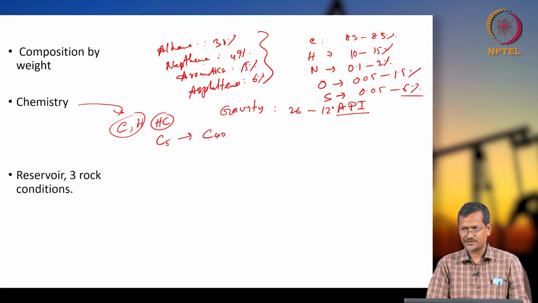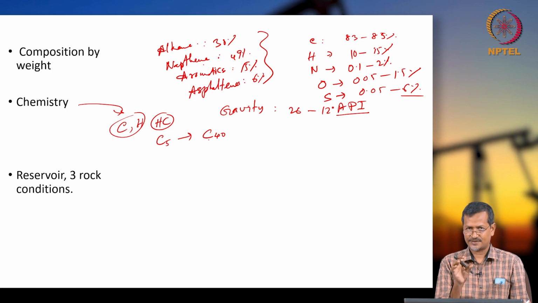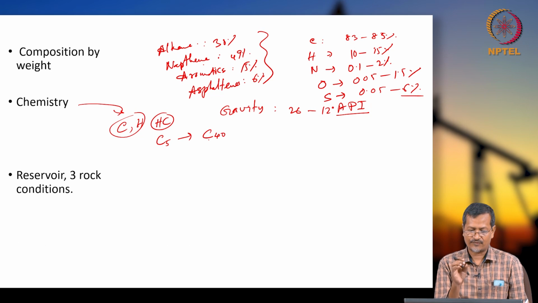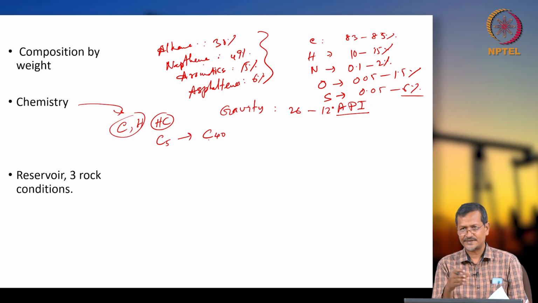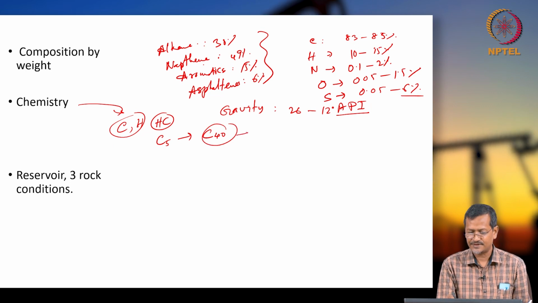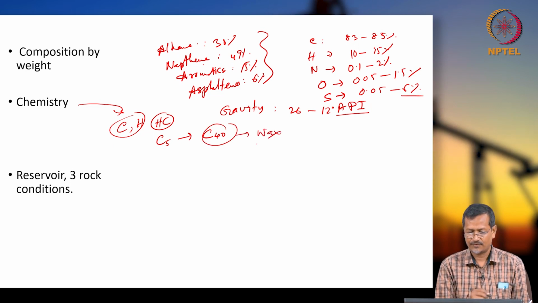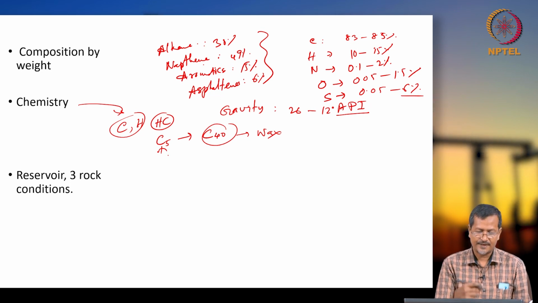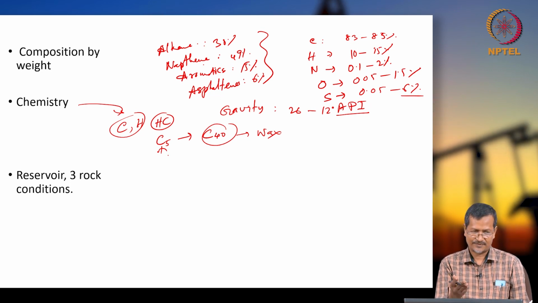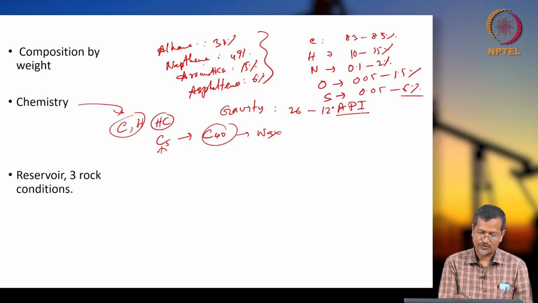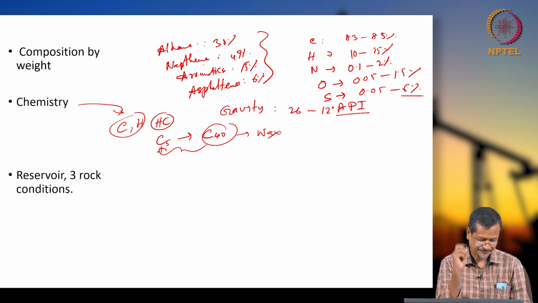Some fluid, oil or gas, will have C5, a very low amount of carbon. In some cases a very large number, long chain hydrocarbon. At C40, this is the wax zone. C5 is light oil, and methane has only 1 carbon. Normally it will be within this range.